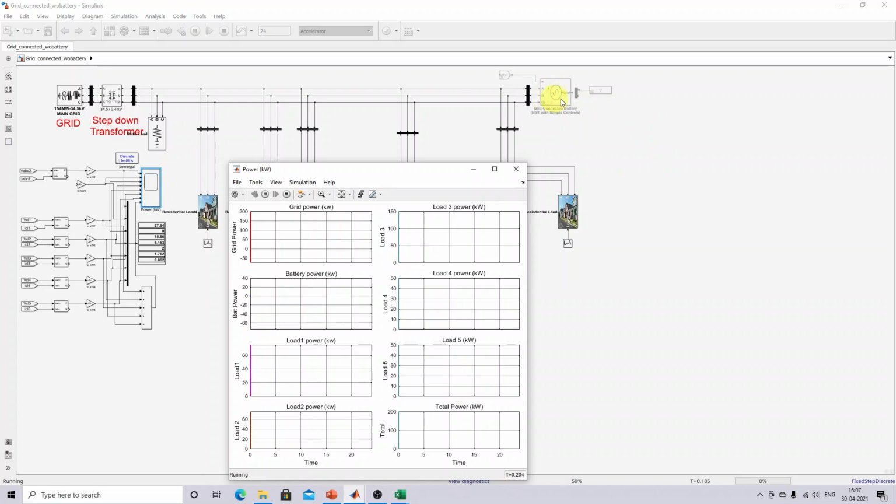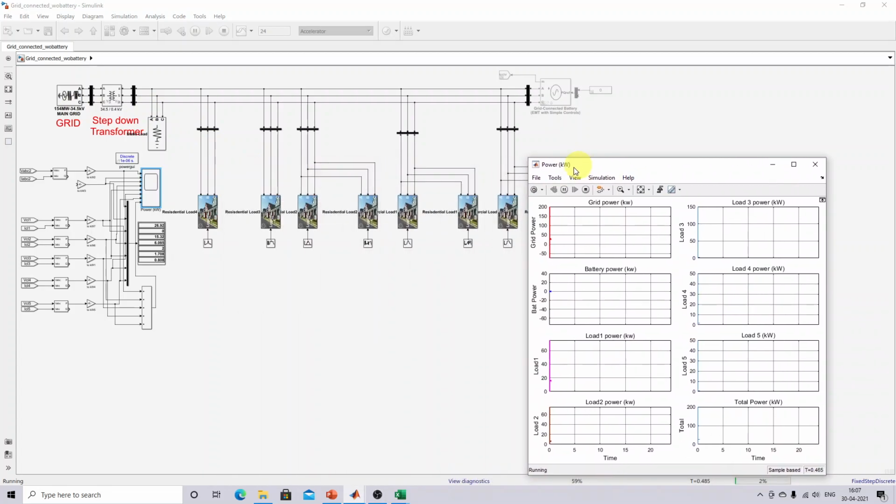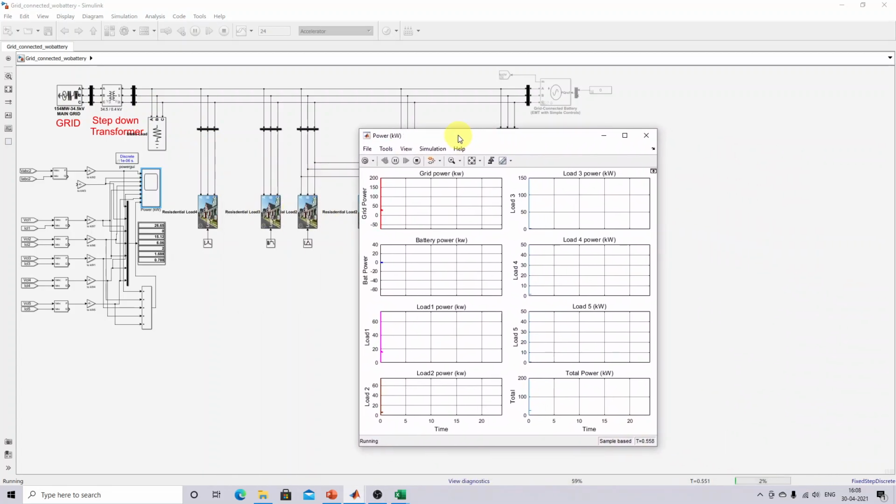So now the battery is not connected with the grid system. So only the grid is going to supply the power to the load. Okay. So we will wait for 24 seconds.